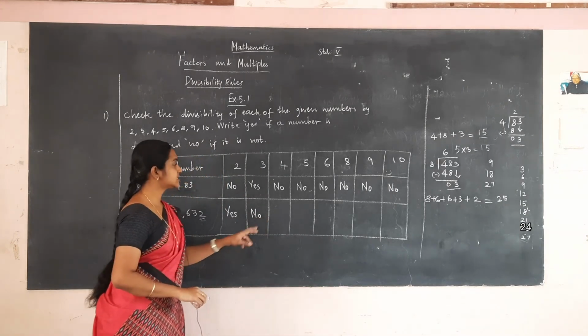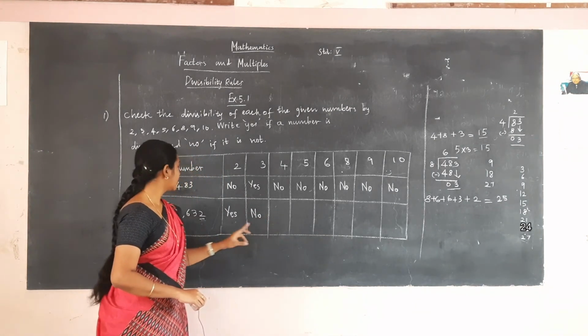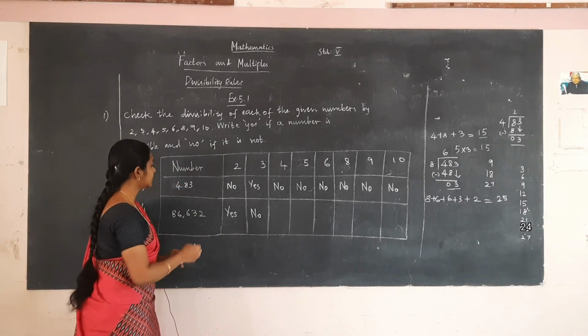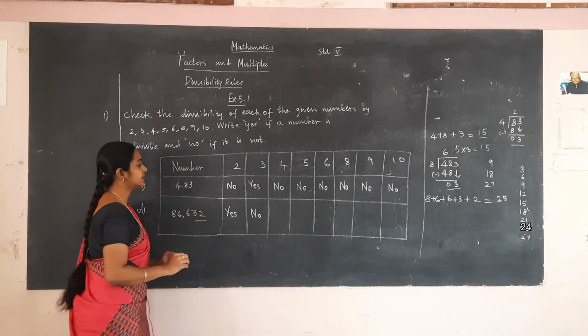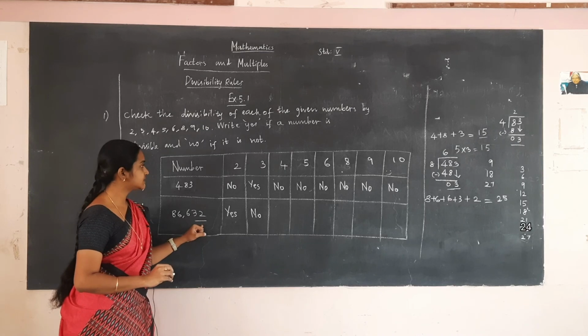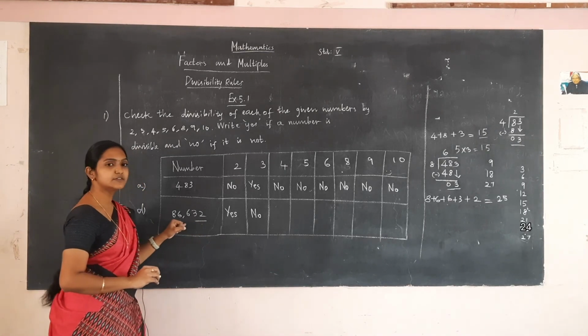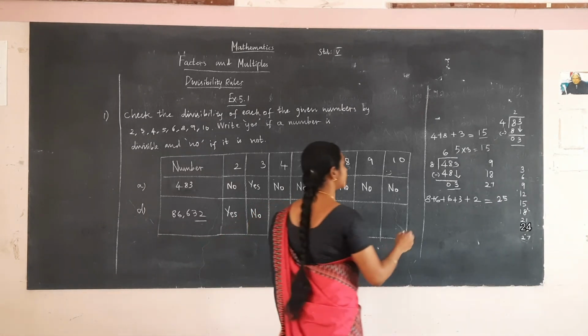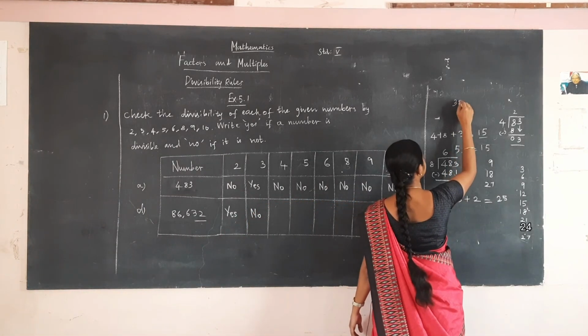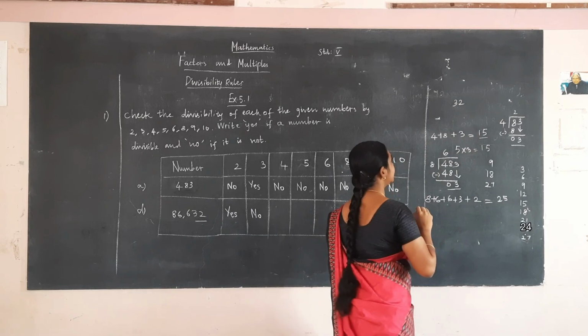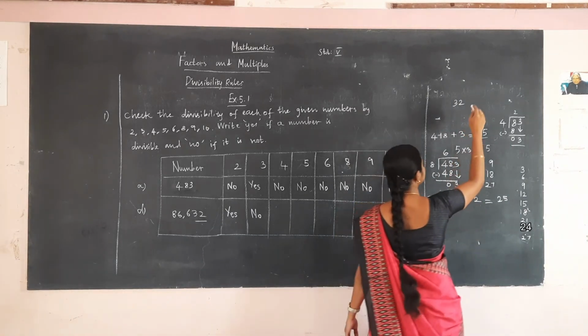For divisibility rule for number 4, we have to look at the last 2 digits of a number. If the last 2 digits are divisible by 4, then the whole number is divisible by 4. The last 2 digits are 32. Write the multiples of 4.